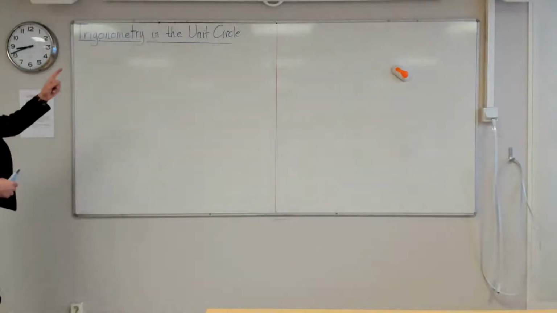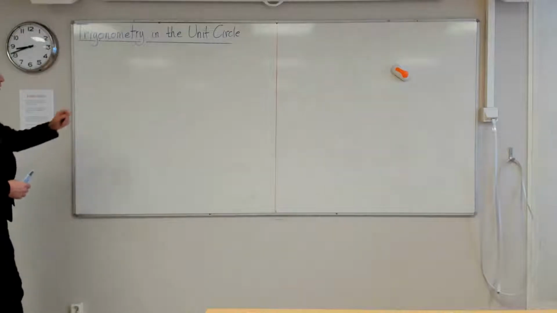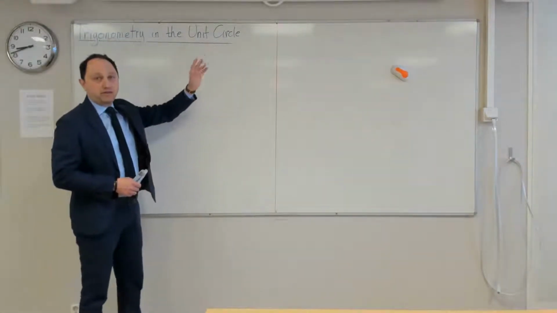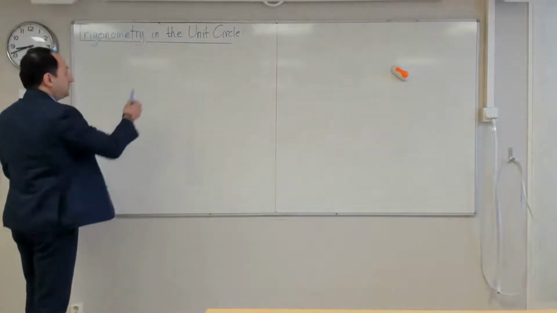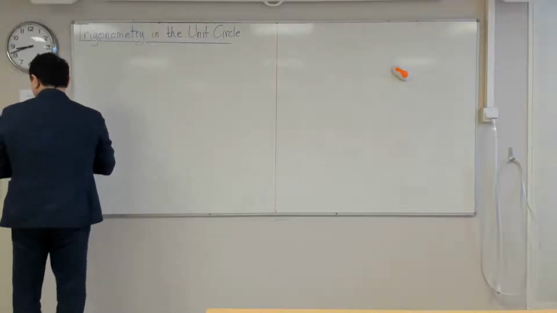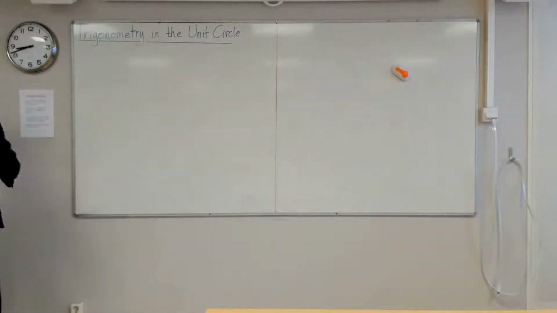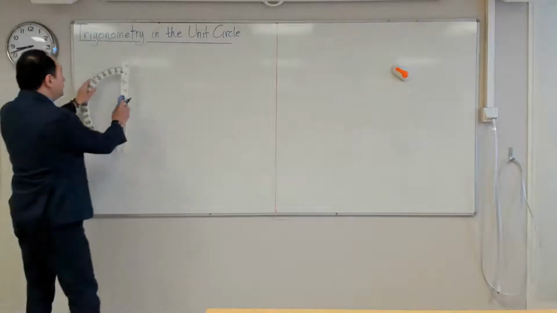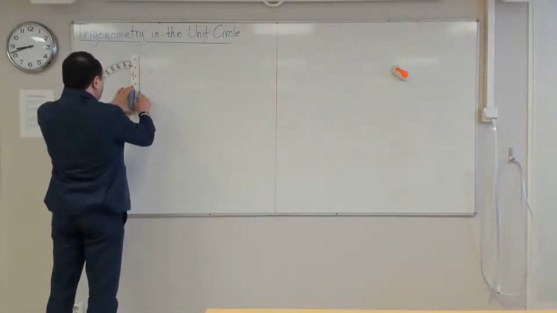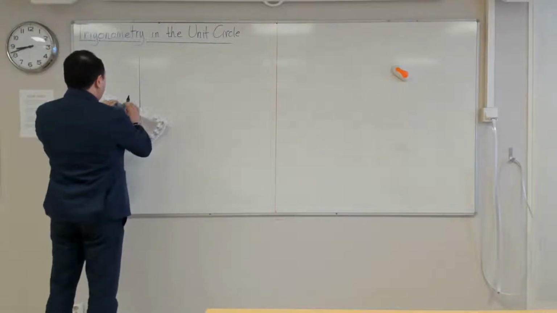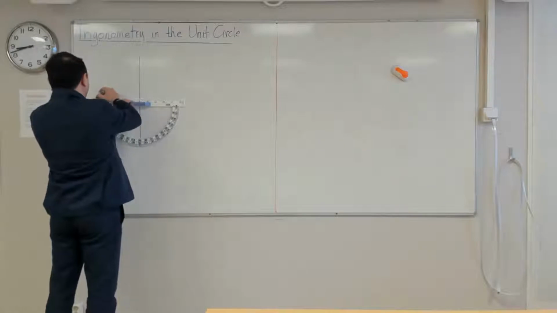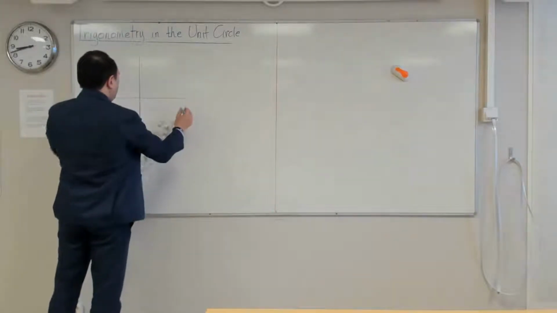Okay, so trigonometry in the unit circle. First of all, let me tell you what we mean by the unit circle in mathematics. It means that if you have a coordinate system, say for example, this is the y-axis and this is the x-axis.